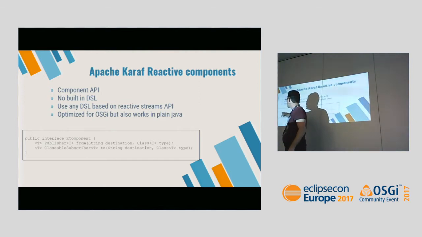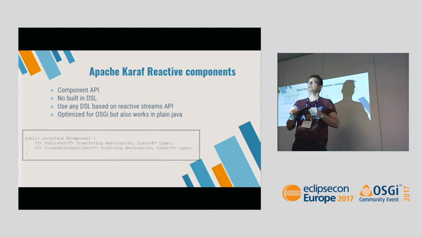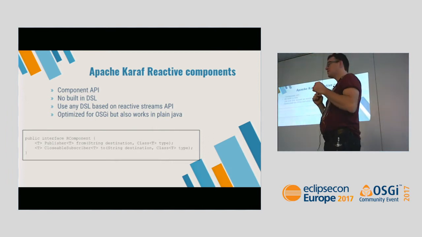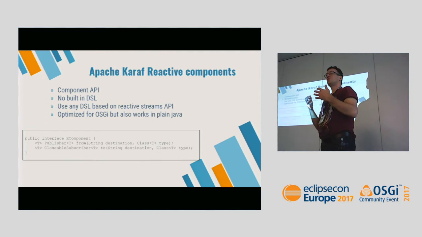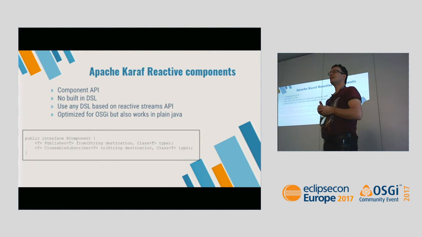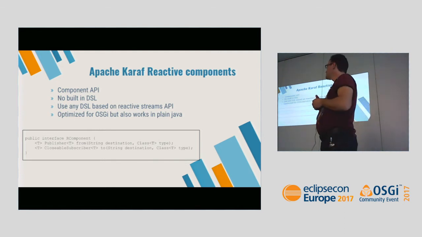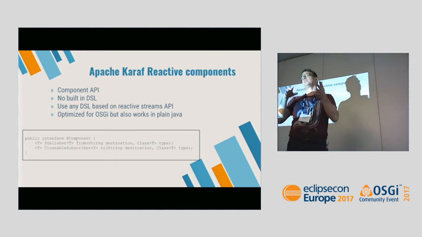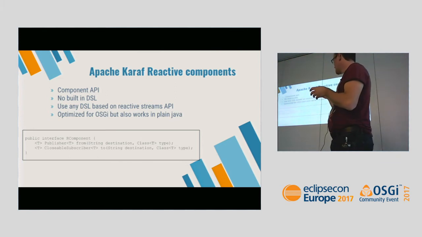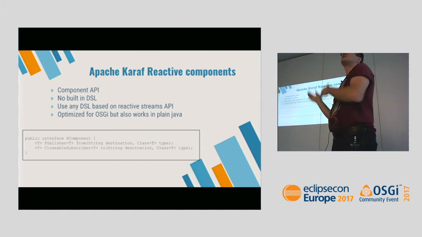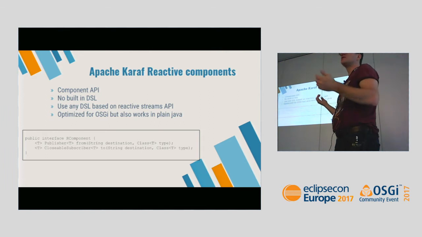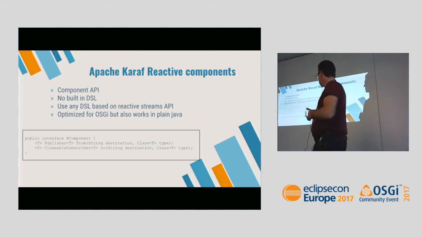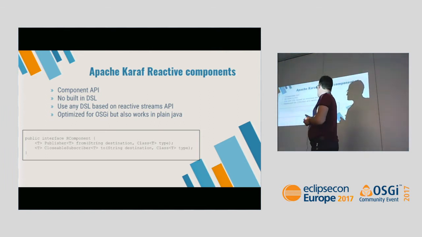Originally, I used just Publisher and Subscriber, but as Tim also described, you need some way to stop such a stream once it's started, and there is no way to simply do that with the spec. So what I did is a ClosableSubscriber, an interface that extends or implements Subscriber and also is Closable. And when you close it, it's closing the subscription. So basically, it's doing what you need to shut down streams.